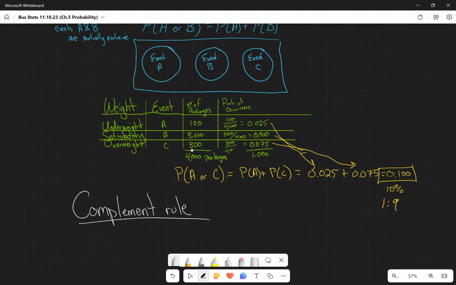So the complement rule states that the probability of event A happening is equal to 1 minus the probability of, and then we use a tilde to represent the notion of not. So this tilde is going to mean not.